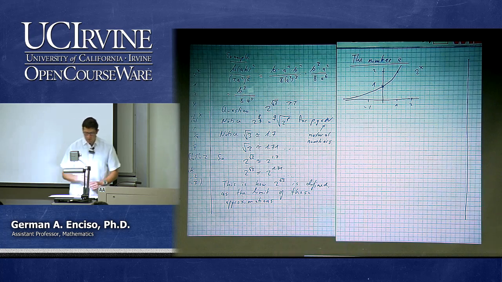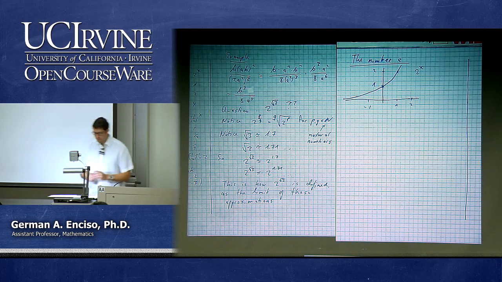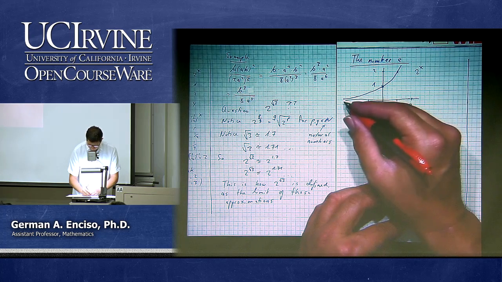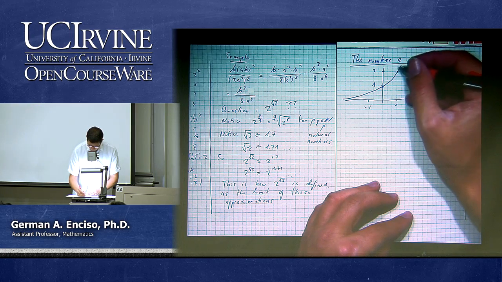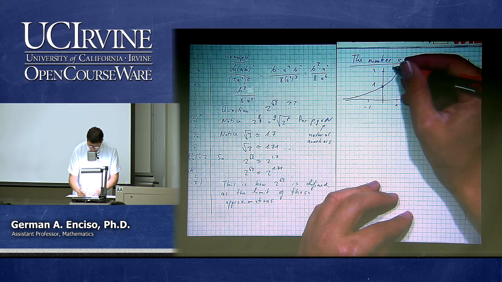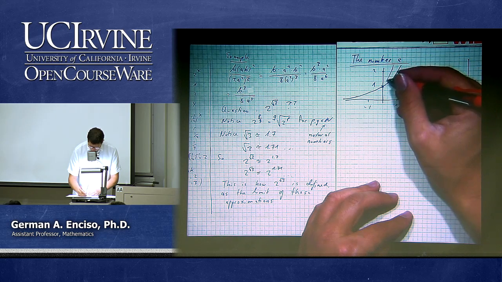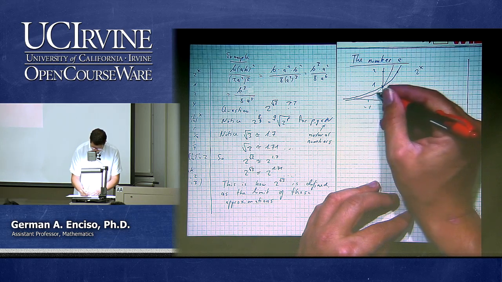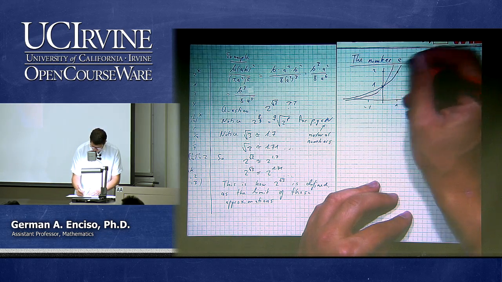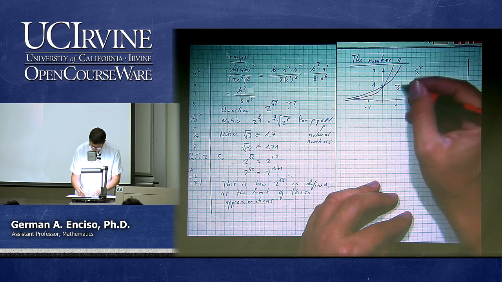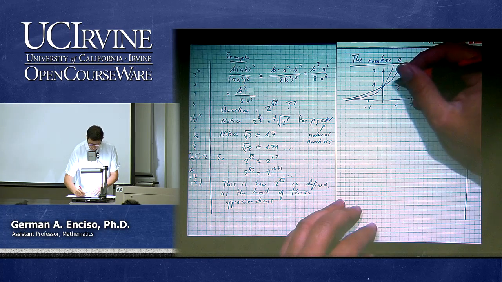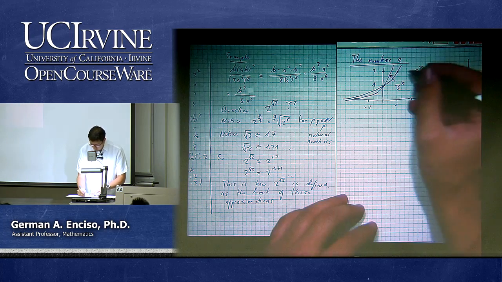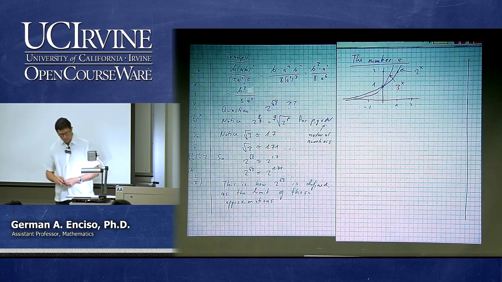Okay, and now I'm going to draw 3 to the x. 3 to the x looks more or less like this. This is 3 to the x. And this is 2 to the x.